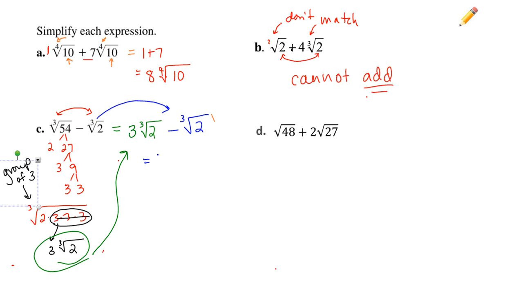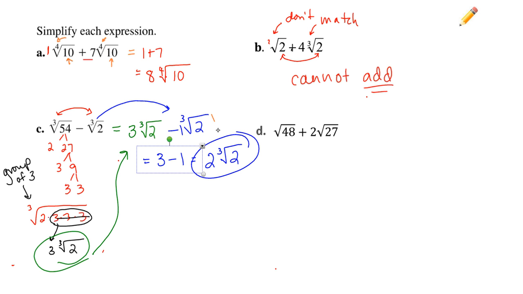There are 3 here, minus 1 there, which is 2, and then we put our cube root of 2 down. So nothing on the inside changes when you combine them together. It stays exactly the same. The only thing that changes is when you're on the outside and you combine those numbers only.